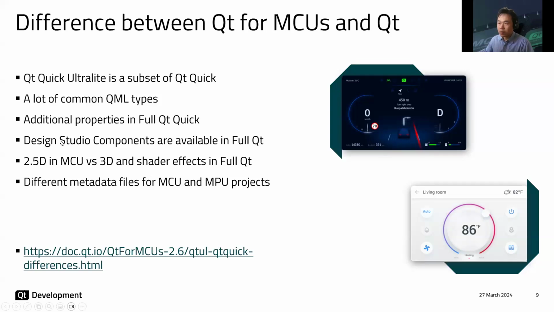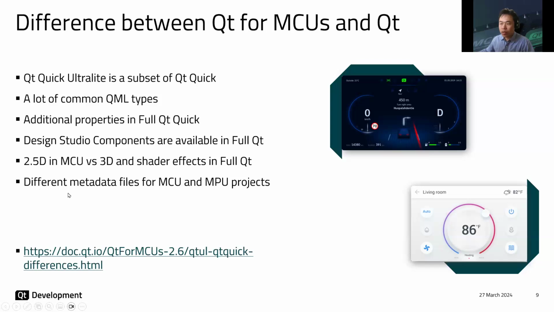And the Design Studio components are very useful, and it's handy for you to create components very quickly, like the arc item. Now it is already introduced in the latest Qt for MCU version, but previously it was not available. And in MCU, you have 2.5D design, but in full Qt, you have 3D and other shader effects.